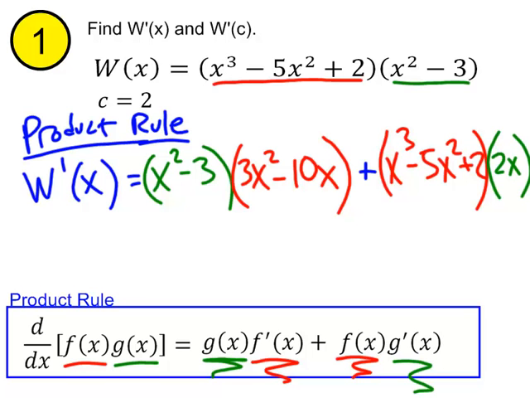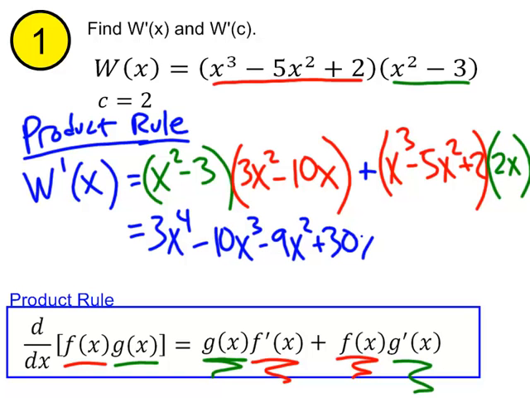At this point, we're done with the calculus. I just need to distribute that out, so we'll do a little bit of algebra here. I'm just going to FOIL that, first, outer, inner, and last. That gives me 3x to the fourth minus 10x cubed minus 9x squared plus 30x.